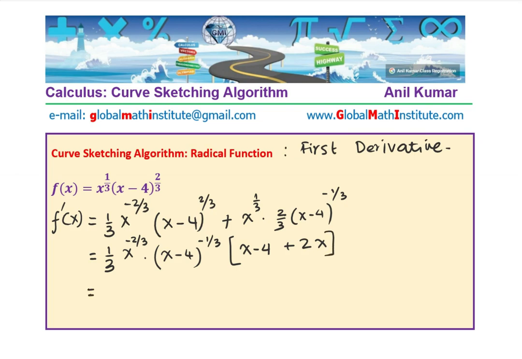So that gives you 1/3 to the power of −2/3 and all this, and we can simplify this, right?